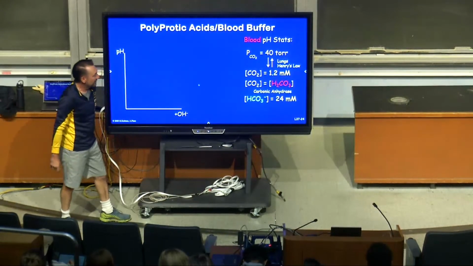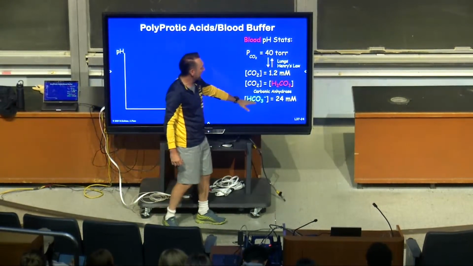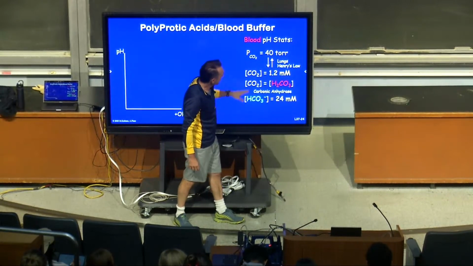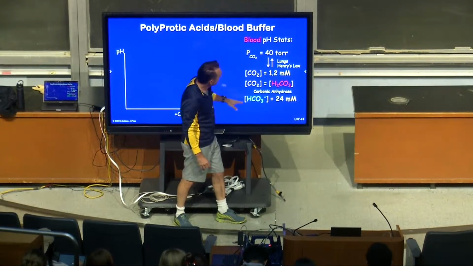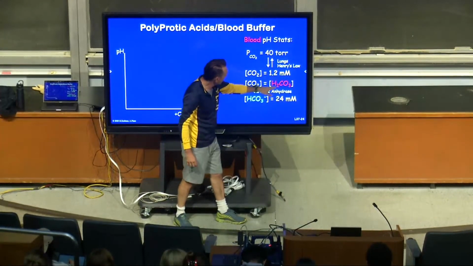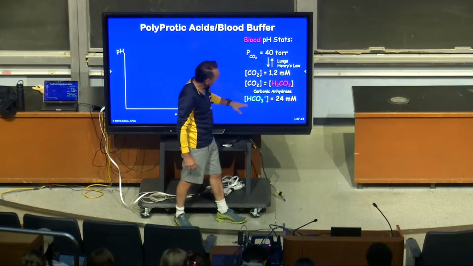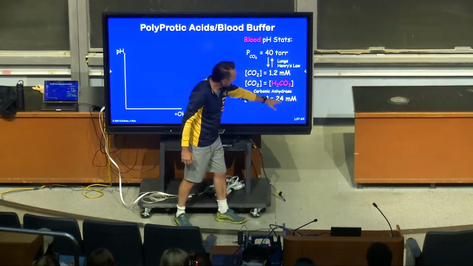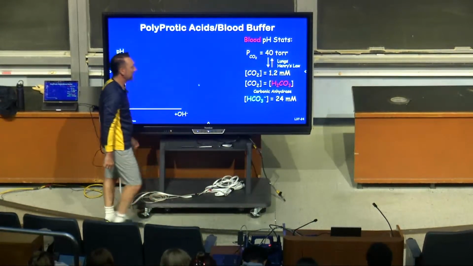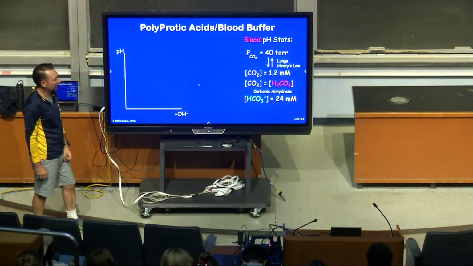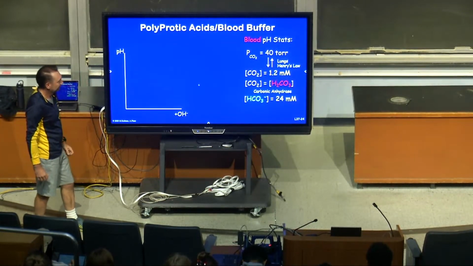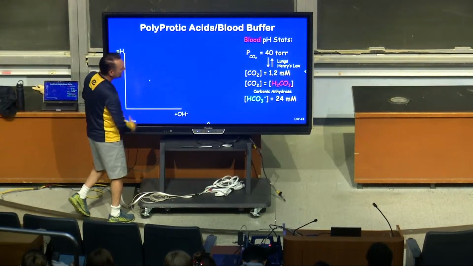So the carbonic anhydrase and blood buffering system maintain this concentration, removing 1 proton, this equilibrium, maintains that concentration around 24 millimolar. So what kind of pH does that lead to?